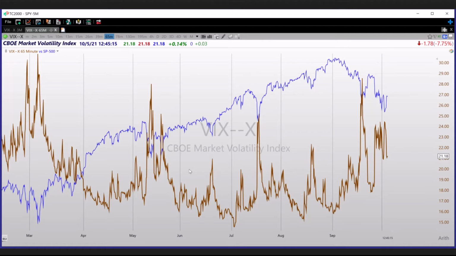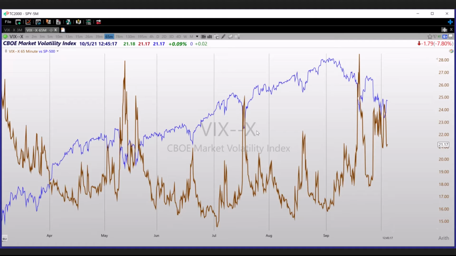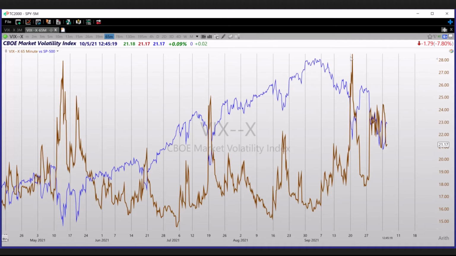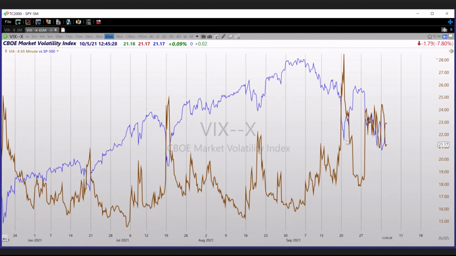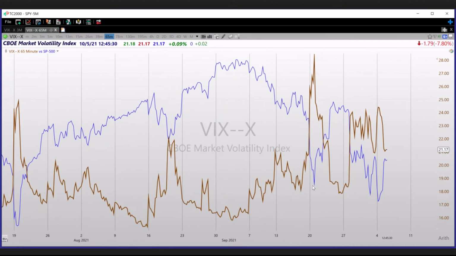More exaggerated. Yeah, and the spikes are more pronounced, obviously, because we are on a shorter term time frame. As you zoom in a little bit, this looks like the highest spike that we had just a couple of weeks ago on this particular chart in the VIX. And again, what happened? Well, we got a sold out low as a result of that.